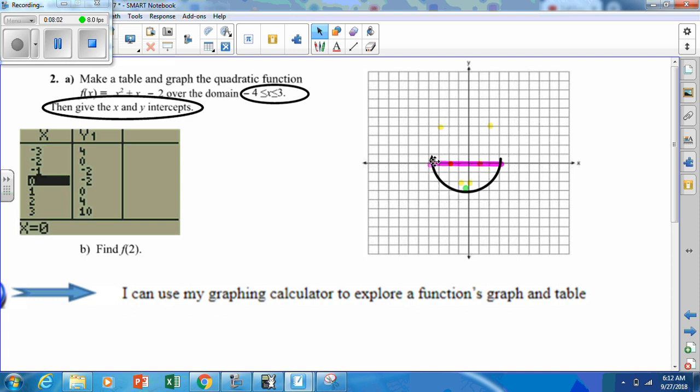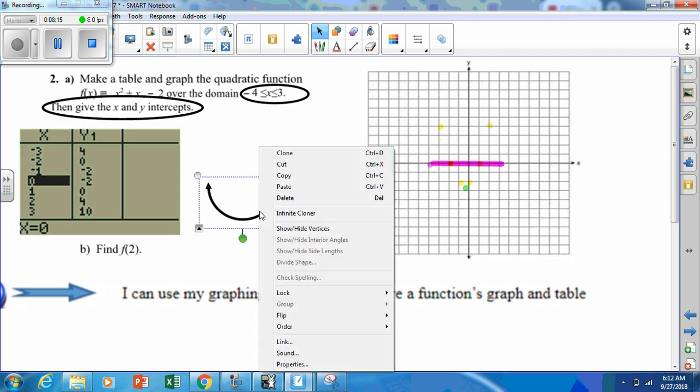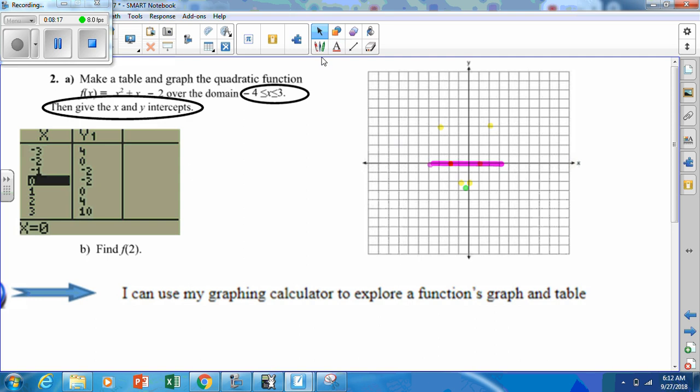If not, we'll make some changes. Just get rid of this, try it again. So I got to start here and go here. Boom. I like that. That's very nice. Math people like to be precise. It takes a little longer, but we get a lot accomplished.